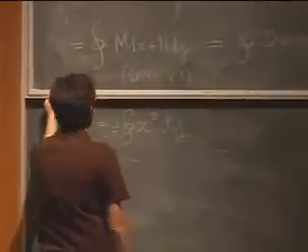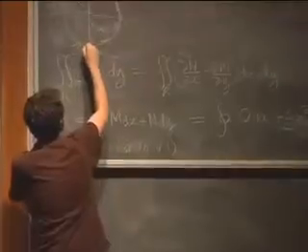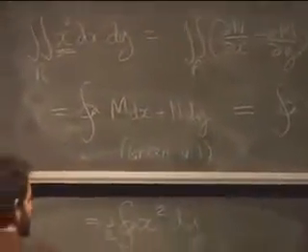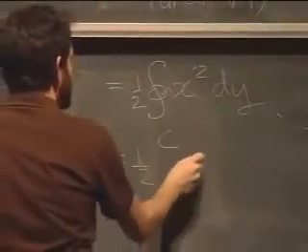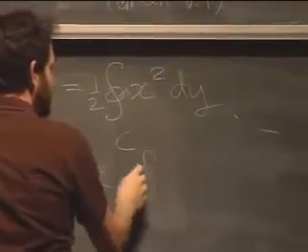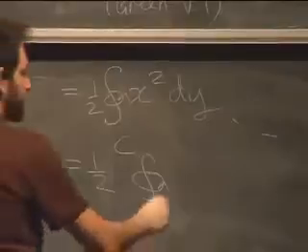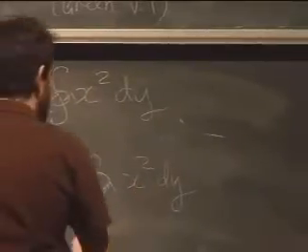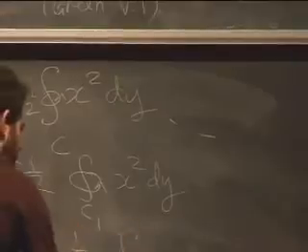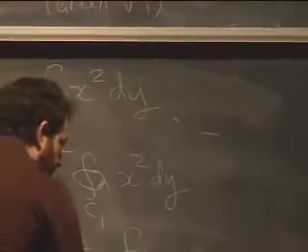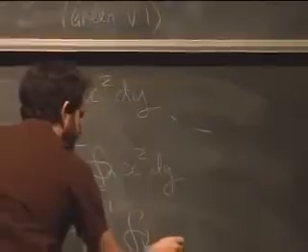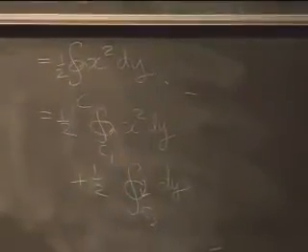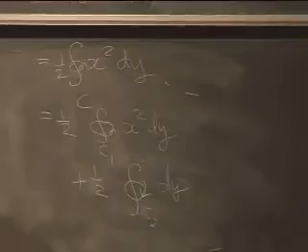So this I'm going to break up. I'll call the outer circle C1 and the inner circle C2. So I'm going to break this up into 1/2 the integral of C1 going counterclockwise plus C2 going clockwise. But I really hate going clockwise. Everything is so much nicer going counterclockwise.